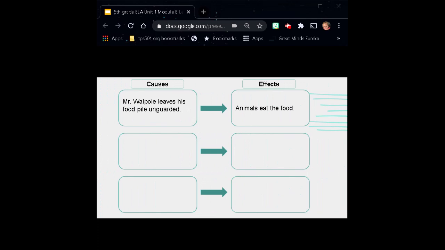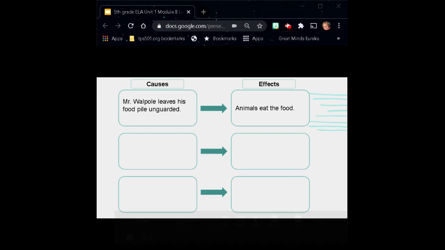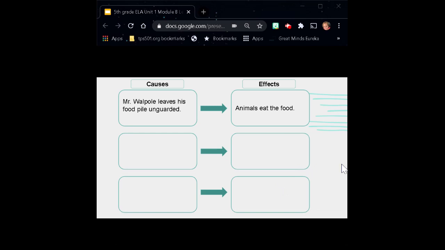What I want you to do is think about how you would complete this, thinking about Oliver especially. I would like for you to complete at least two more causes and the effects they cause to occur. Your challenge today is to write a statement as to how these characters' actions lean toward a theme.